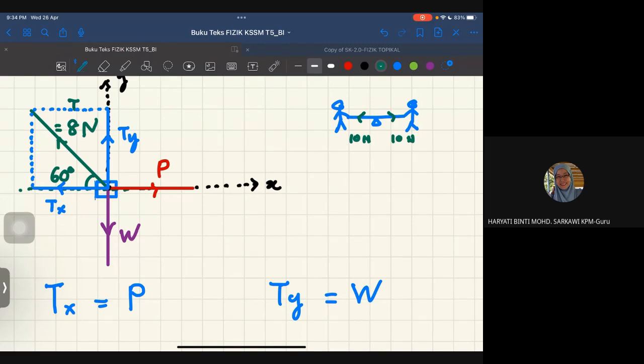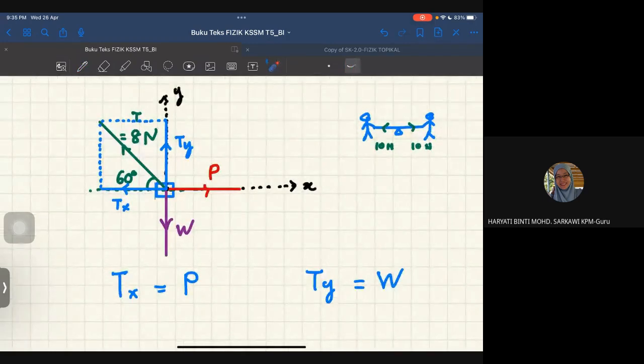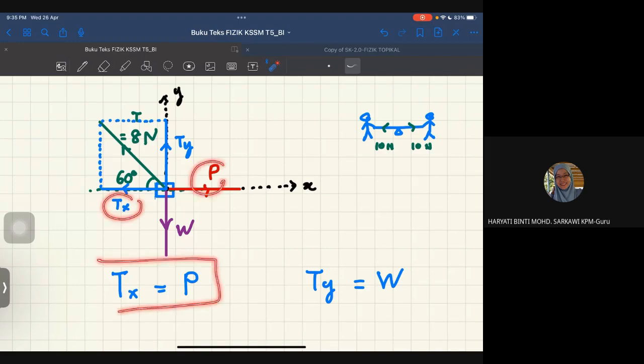So we can say that the system is having a zero net force. Opposite direction, same magnitude. So in this case, we need to look at the horizontal and vertical components because the net force also has two components, vertical and horizontal. So that's why we can write like this: Tx equal to P, and then Ty equal to W.